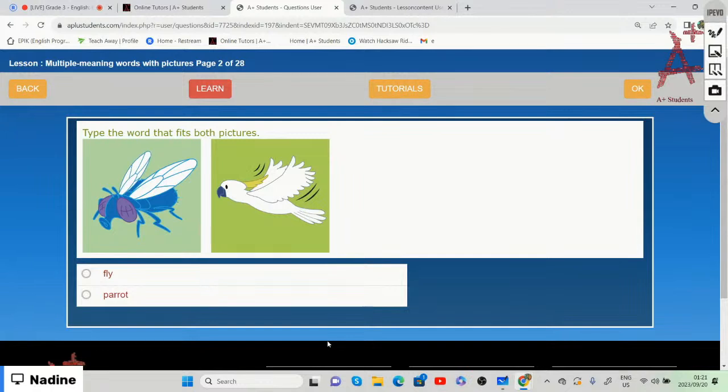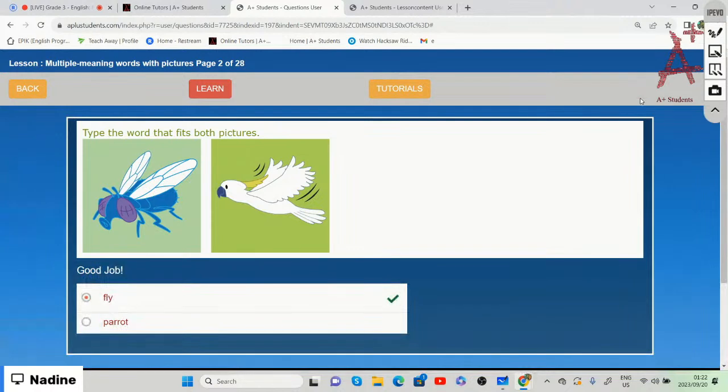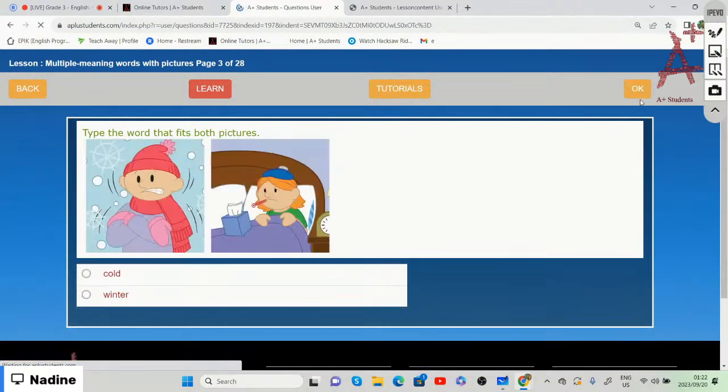So is it fly or parrot? All right, so if we choose our correct word, we will say it is a fly. So that is a fly, and that other birdie is flying in the sky. So fly. So well done.